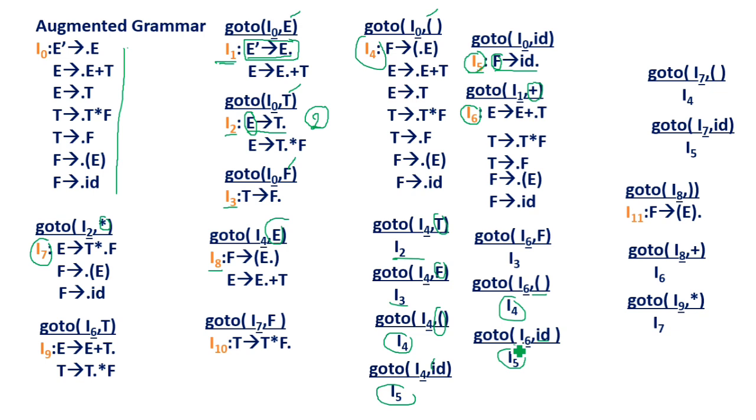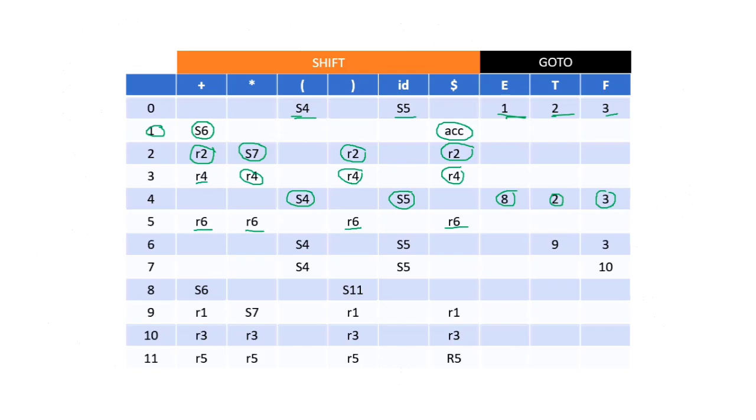I6 also has a non-terminal T. It goes to I9, so I write 9. For F it goes to I3, so I write 3. And I6 comma open brackets goes to I4, so I write S4 here. And for I6 comma ID goes to I5, so I write S5.